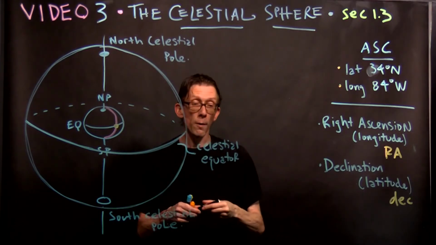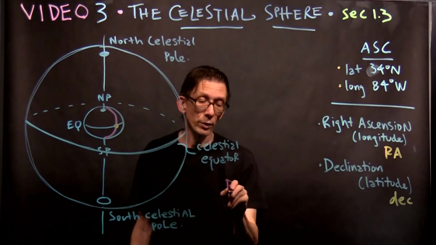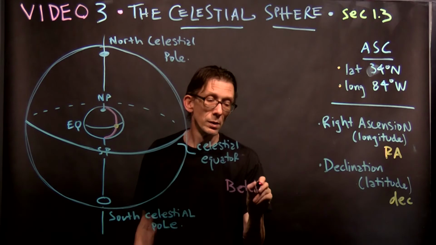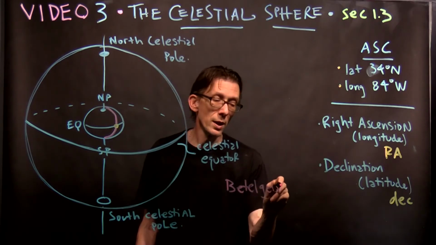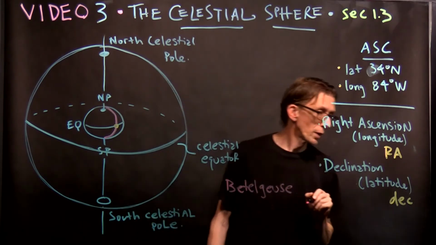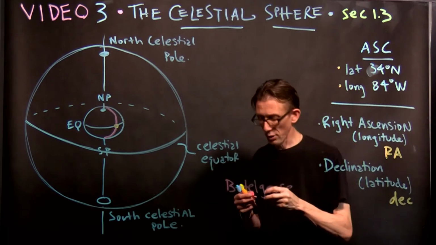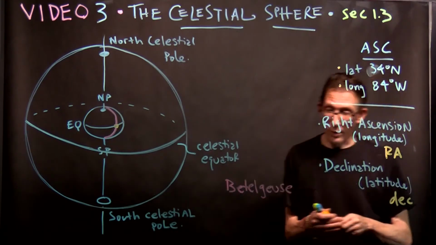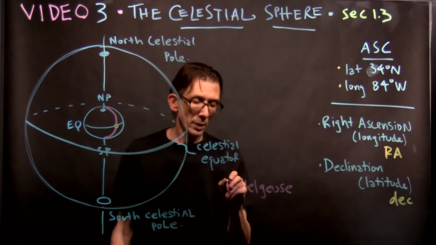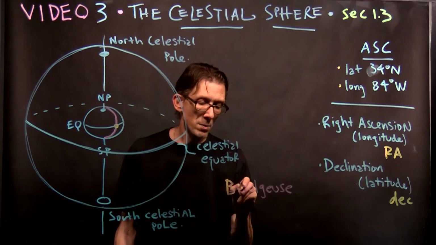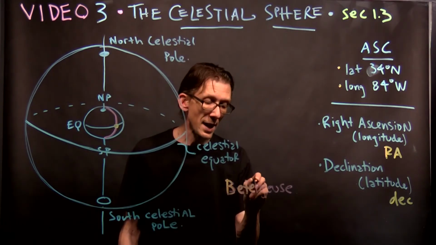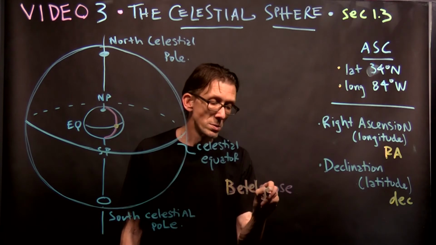Let's look at our star Betelgeuse that we looked at a few minutes ago and see what its coordinates are. This pink pen is disappointing me. It is drying out. So let's try a different one here. Star Betelgeuse has its coordinates as well.